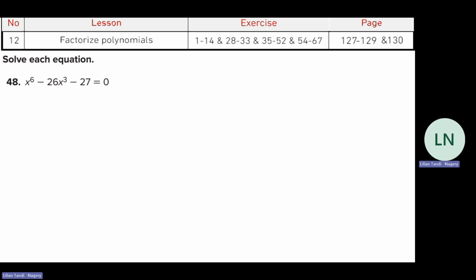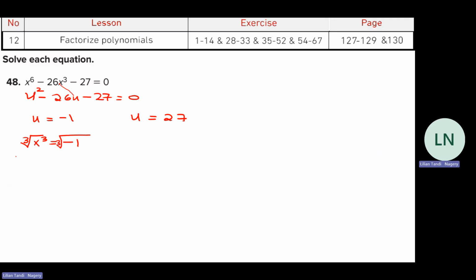So repeat the same process. Make this u, make this 26u, and then make this 27 equals 0. When you solve this, you will get u equals -1 and u equals 27. And you said your u is x cubed, so you will do the cube root of x cubed equals -1.